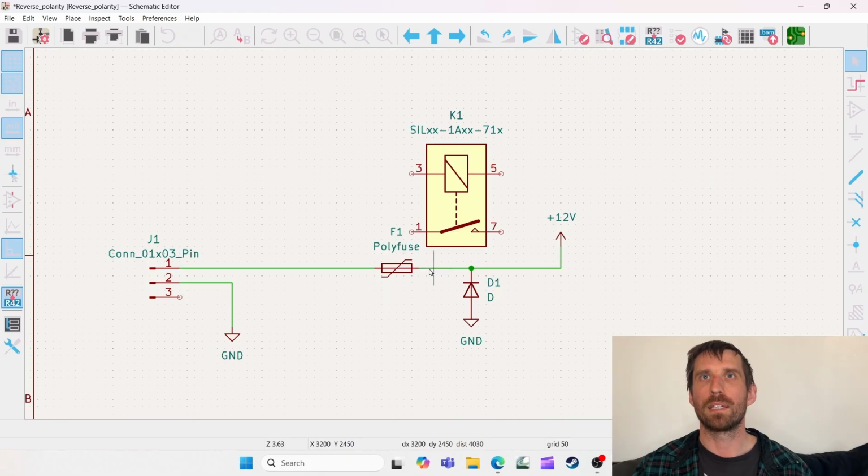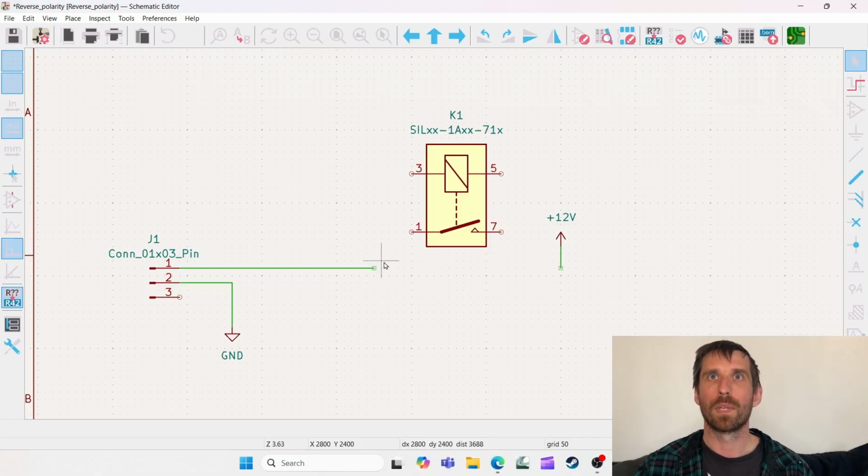I'm going to do it like this. Get rid of this stuff right here. All right, so what we do, hey, don't do that. Okay, so we put our voltage here, and we put it here.